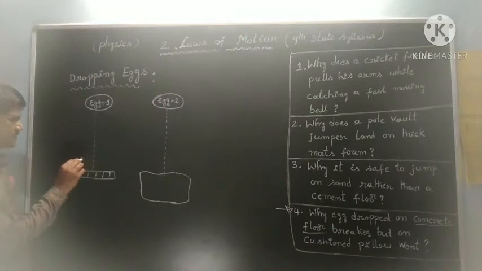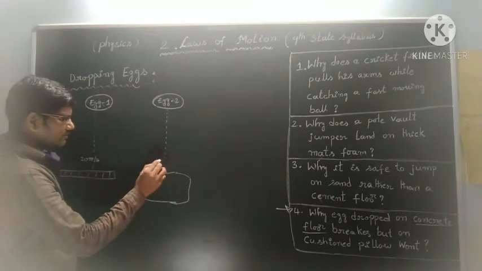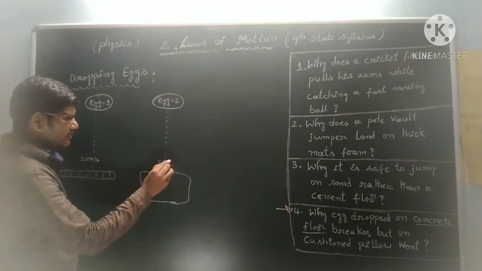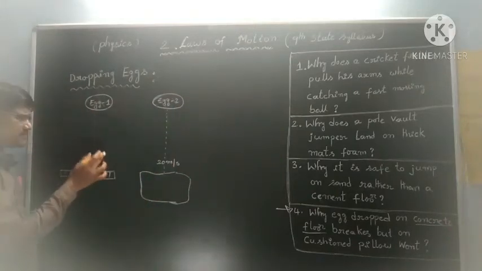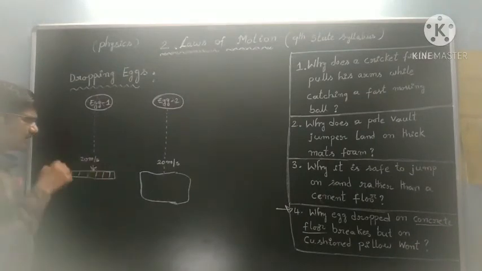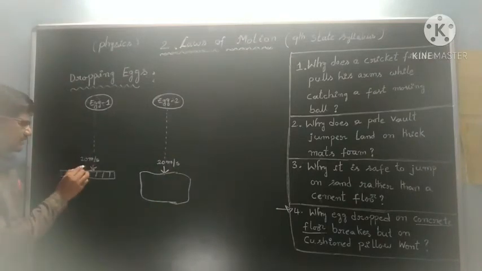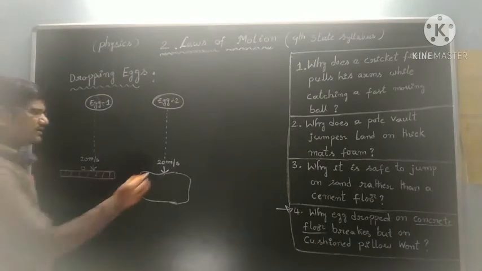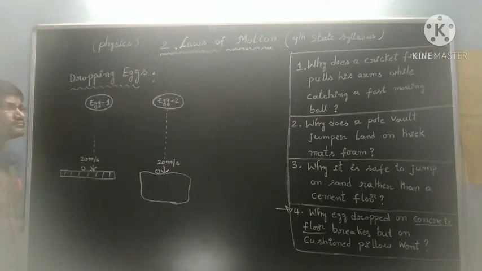Consider it has picked up 20 meters per second speed, because since both the eggs are dropping from the same height, they will develop the same speed just before hitting the concrete floor and just before hitting the pillow. And after hitting, the final velocity will become 0. And here also, after hitting, the final velocity will become 0.